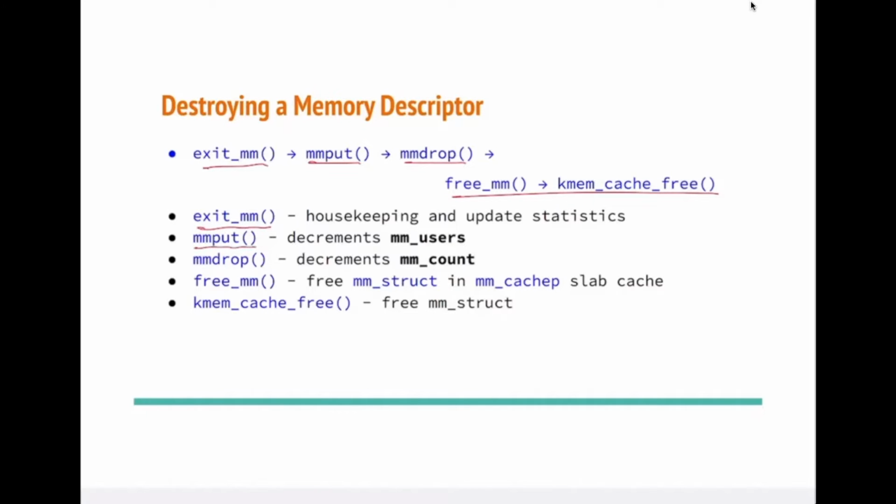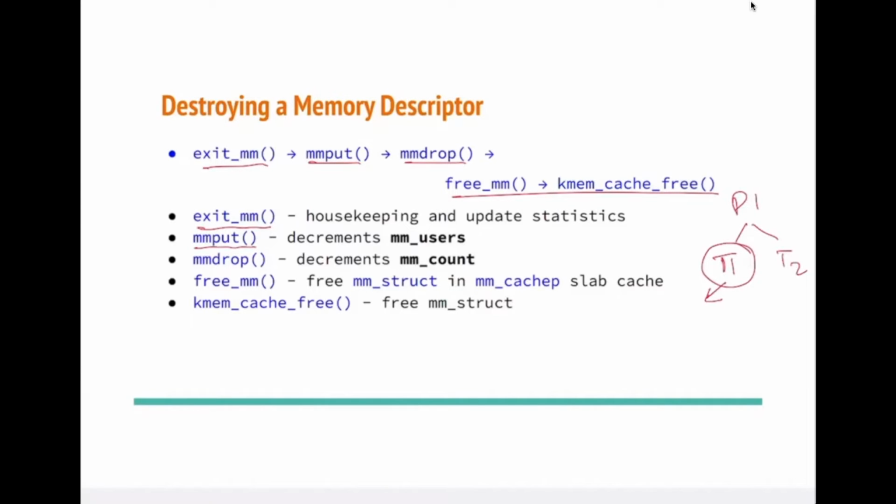What mmput does is decrement the users field that we already have in the structure, as we saw in the previous slides. If a process P1 has threads T1 and T2, and T1 has completed its execution, then users will be decremented.